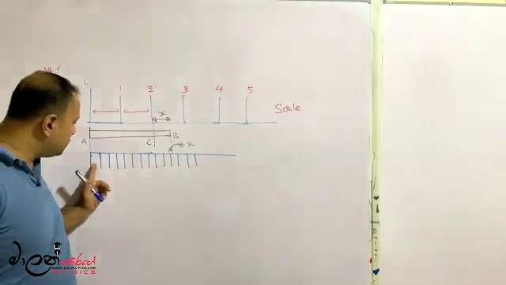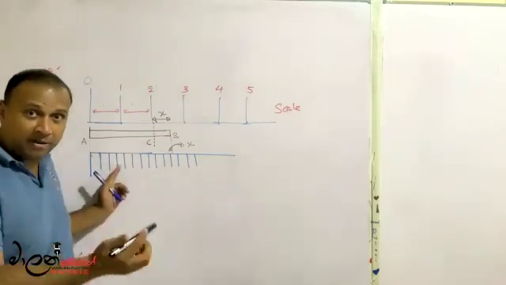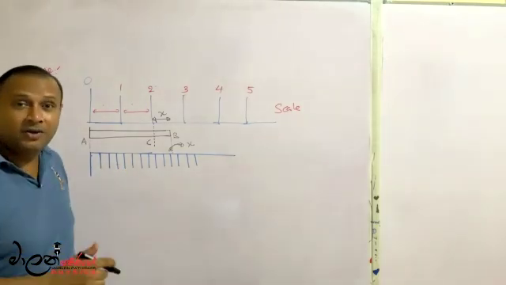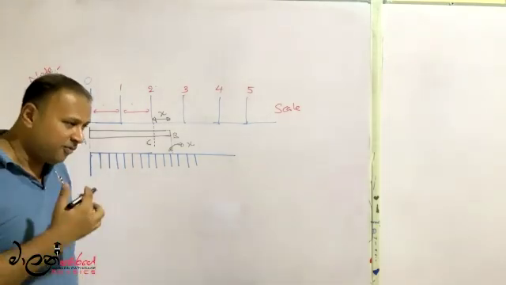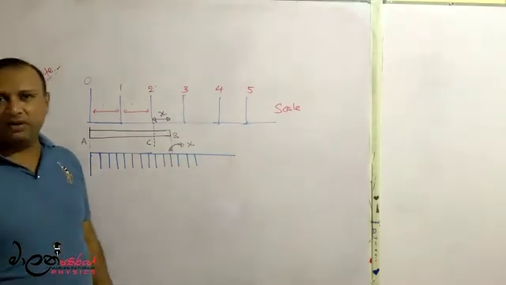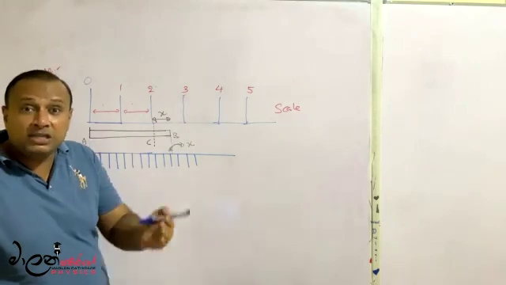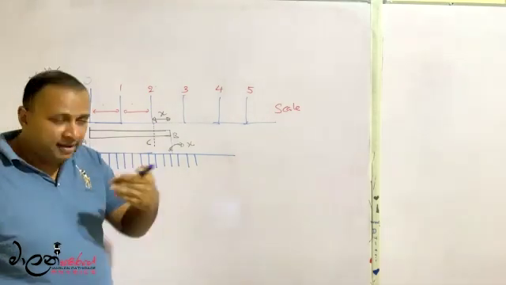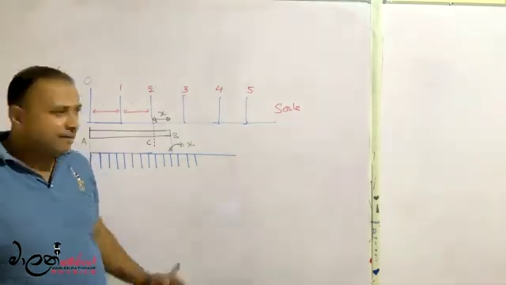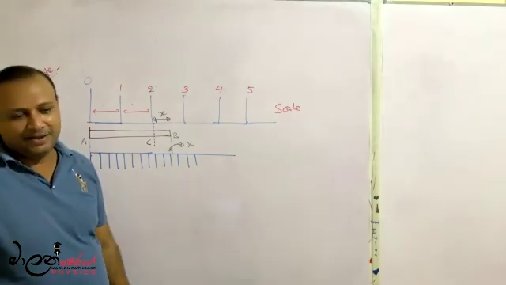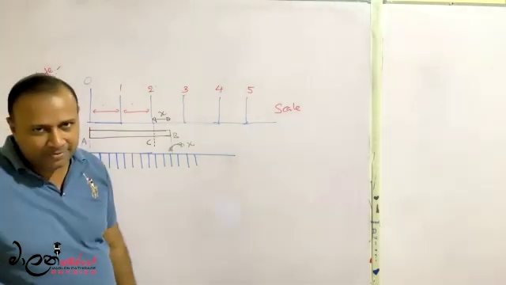Therefore, by reducing the least count, we can take very sensitive readings. That means the accuracy of the instrument increases by reducing the least count. Did you get my point?